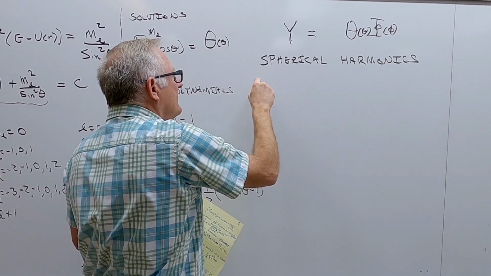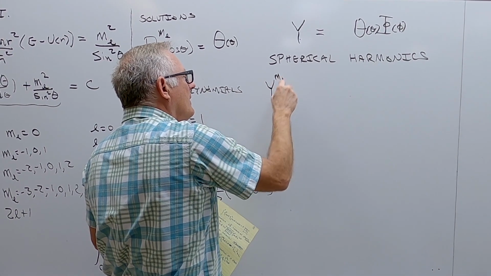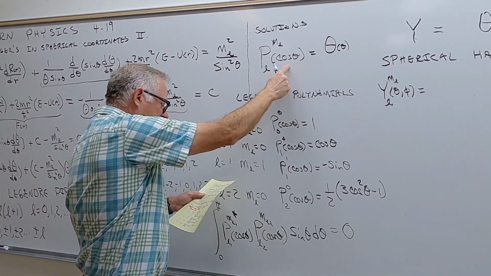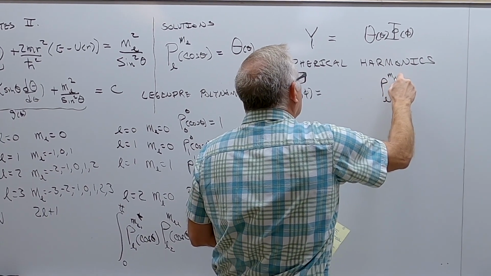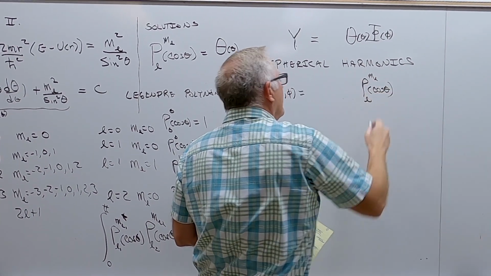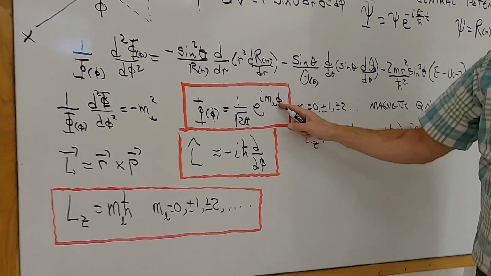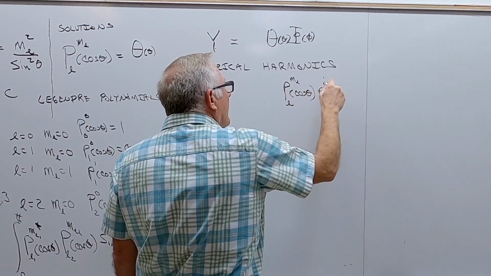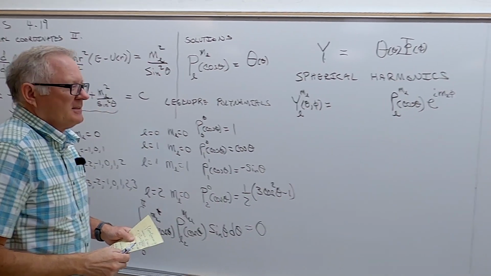So if we were to write it out with all the terms over here, we could say Y, and it's going to be dependent on two quantum numbers, L and m sub L, and it's a function of theta and phi. It has the theta part, P sub L, m sub L of cosine theta. It also has our phi in there, which is e to the i m sub L phi. And then we have the normalization constant out in front.